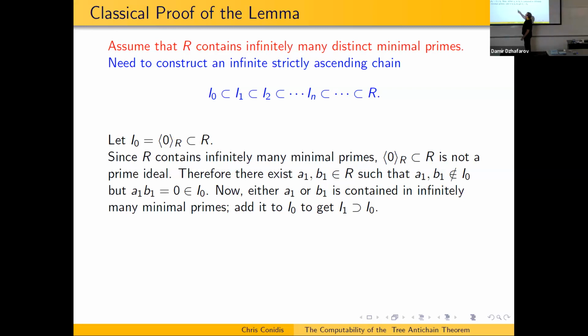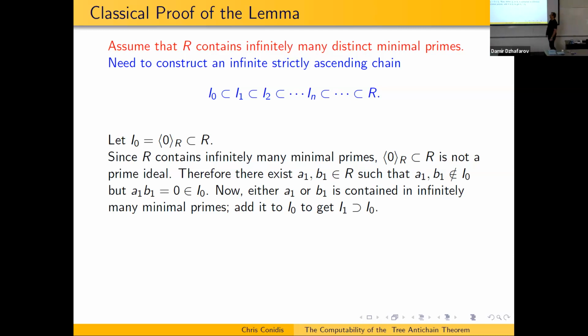which means that there are two elements, say A1 and B1, neither of which is in the zero ideal, which I'm calling I0 here, but whose product is there. Now, since we have infinitely many minimal prime ideals, and those prime ideals contain the zero, it follows that one of these two elements is contained in infinitely many minimal primes.